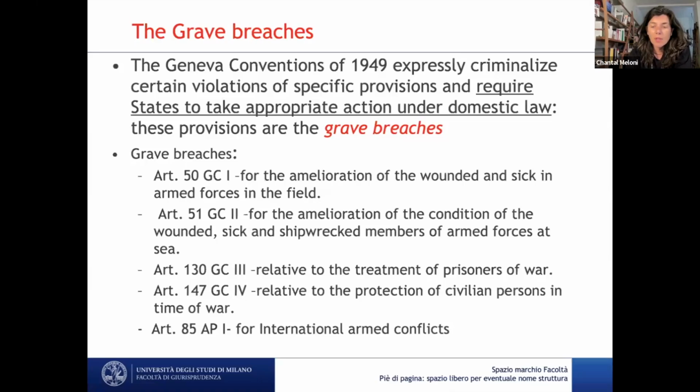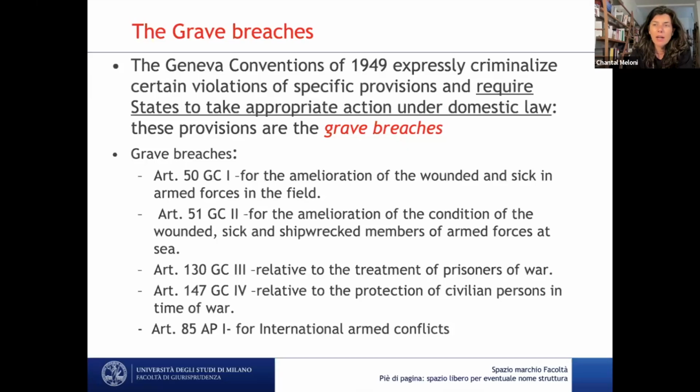So for my presentation today, I will only focus on the war crimes regime, so the criminalization of international humanitarian law. And here again, we go to the Geneva Conventions that were already introduced by Ali.